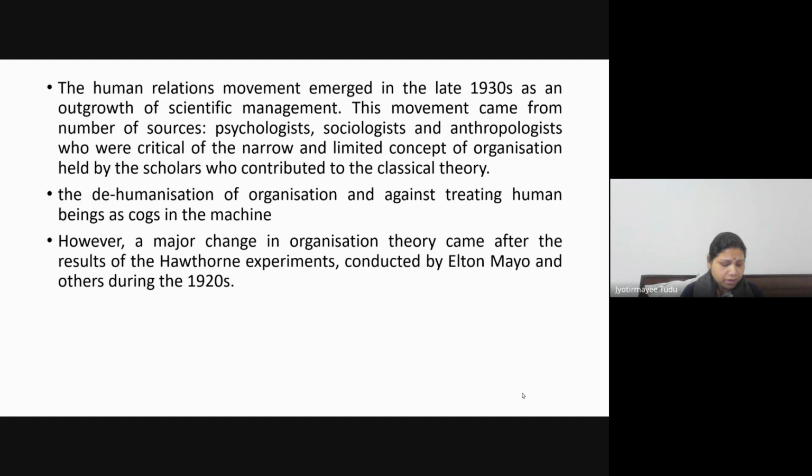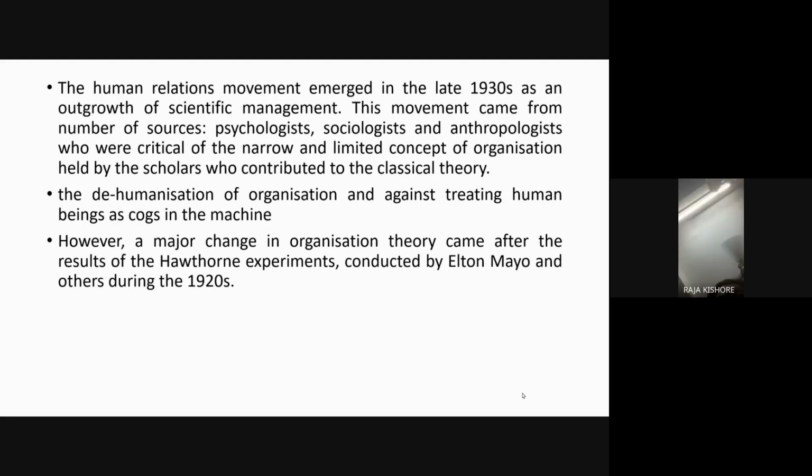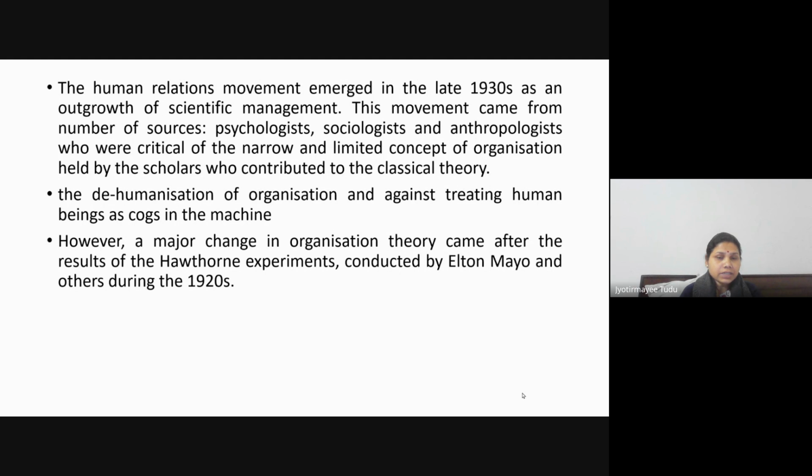In their viewpoint, the organization had not adequately focused on the human aspect, who is actually responsible for bringing efficiency in the organization. For them, the classical theories of organization or public administration were running in a dehumanizing form, considering human beings as cogs in the machine.